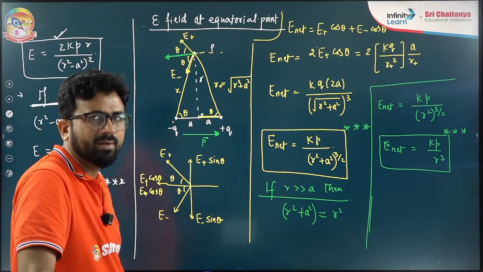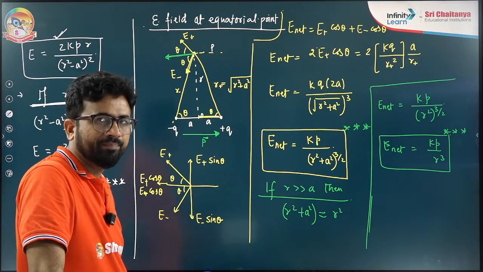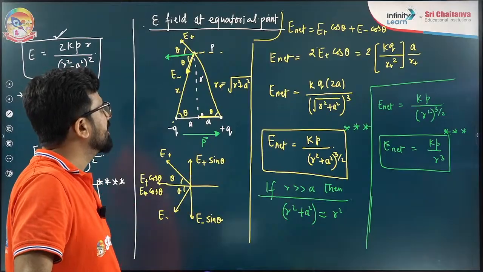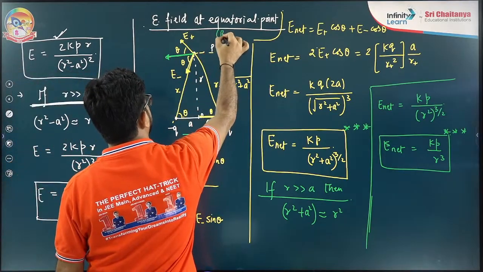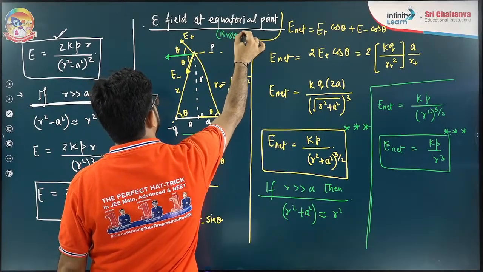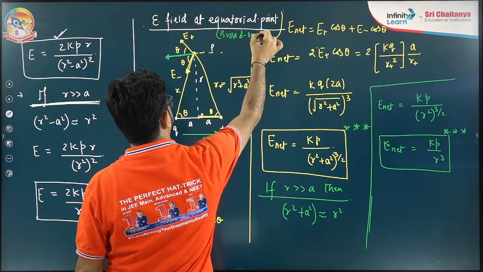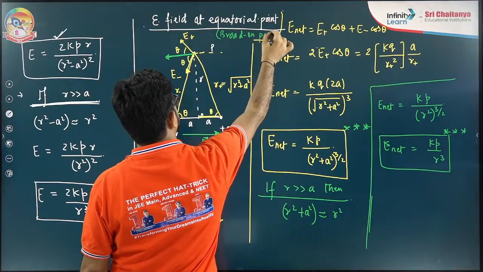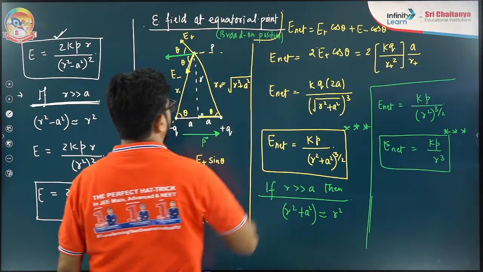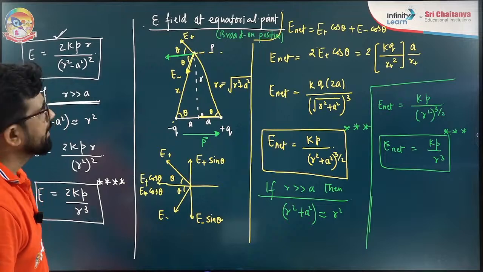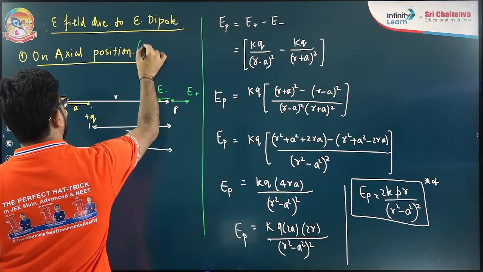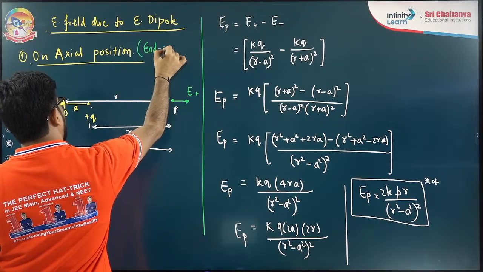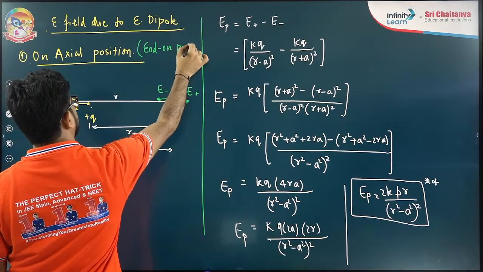Understanding or not understanding, beta? Clear or not clear? And one more thing you have to remember: this equatorial position is also known as the broad on position. And similarly, this axial position is also known as the end on position.